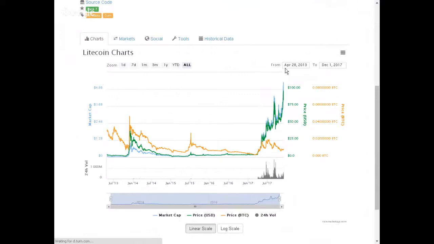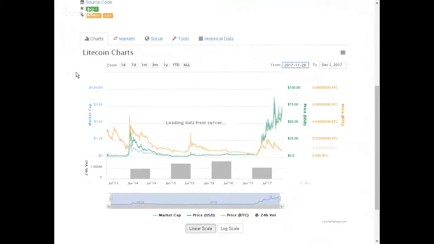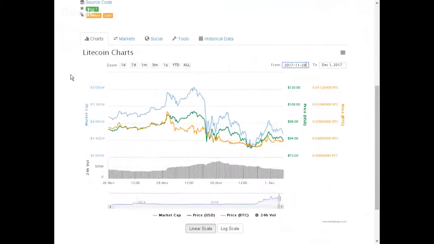Yeah, the price of Litecoin's going up, but you're not going to get as much Bitcoin out of some of these coins like you did before. Seems like Dash, Cardano, and I don't know what the third one was, seem to be the ones where the Bitcoin value is trending up.